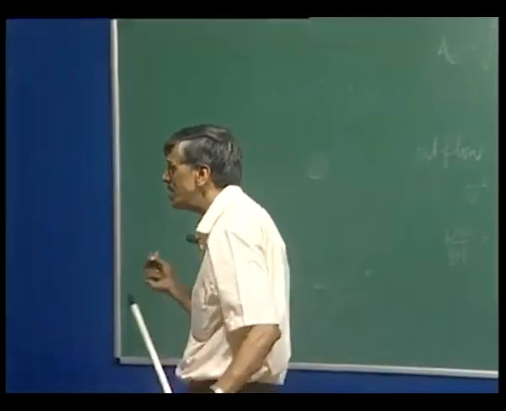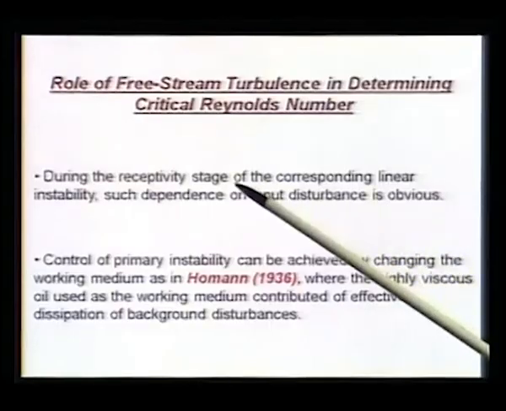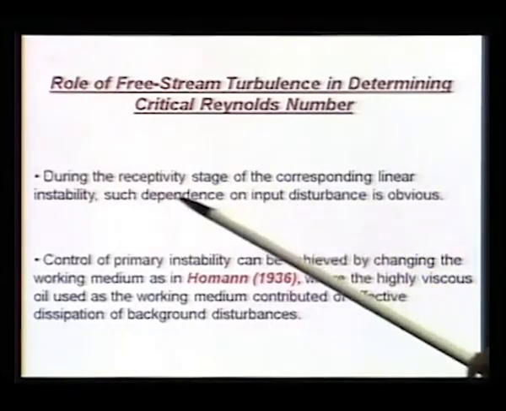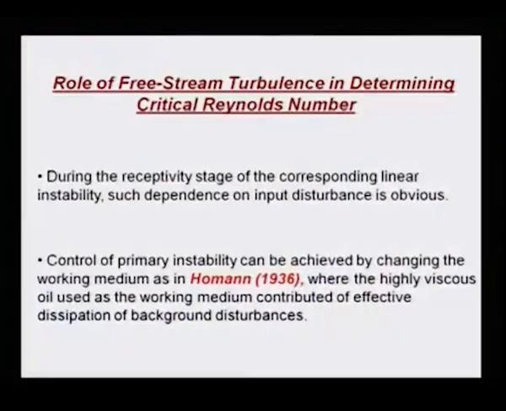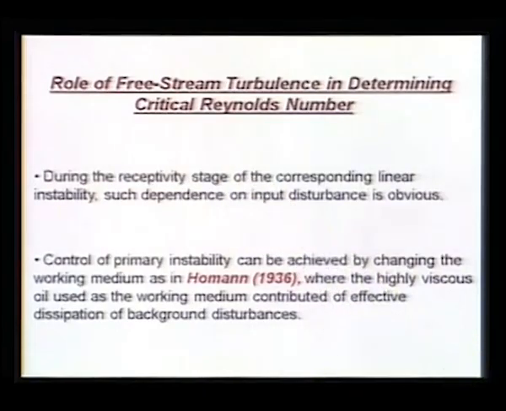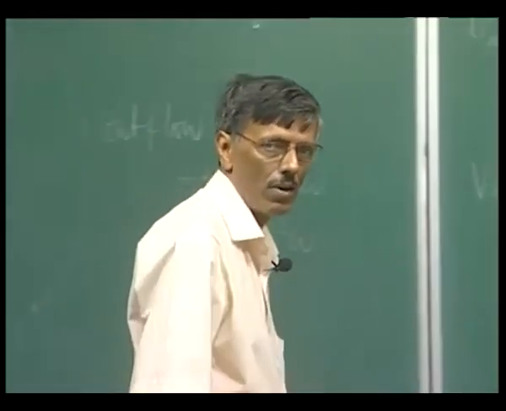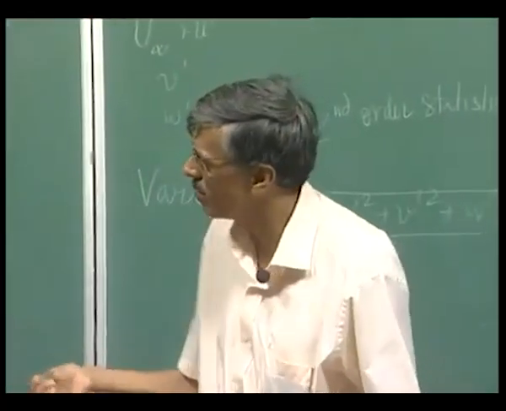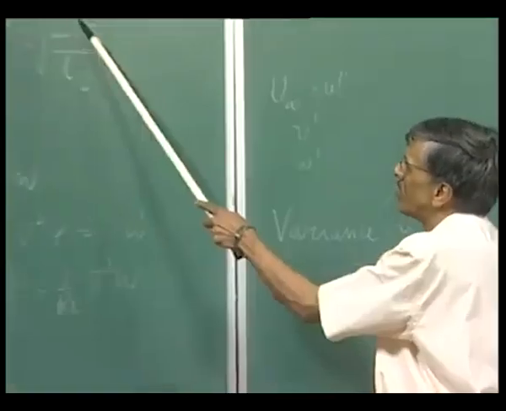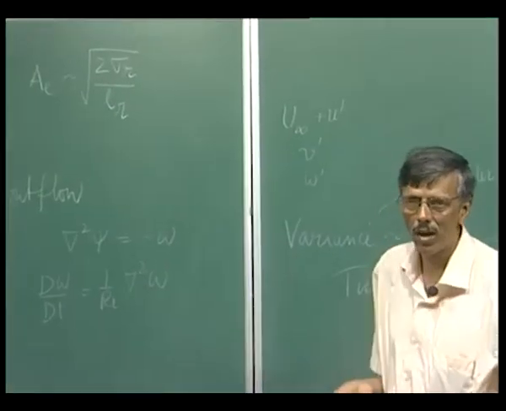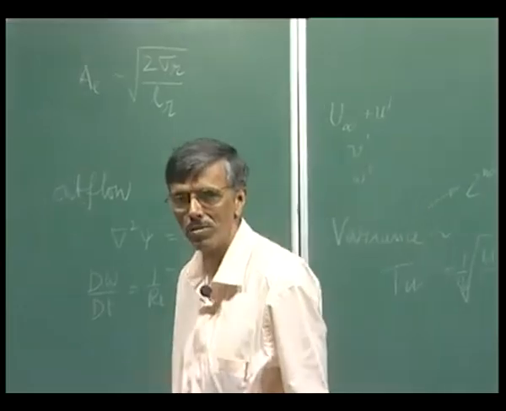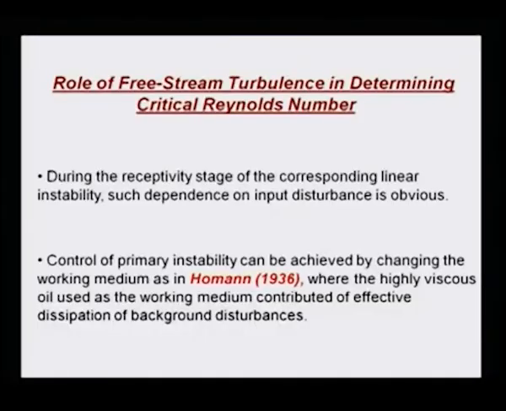So, that is the reason that we must have strong dependence on input disturbance, the way we are going to get the instability itself, because that is how it begins, right? So, for every Reynolds number, this quantity itself, sigma r, depends on the background disturbance. That is why we should have that.